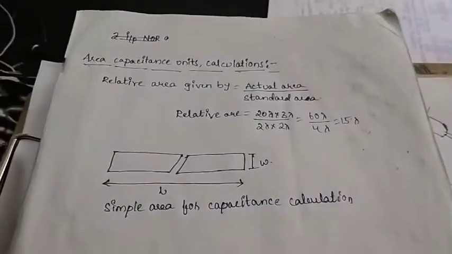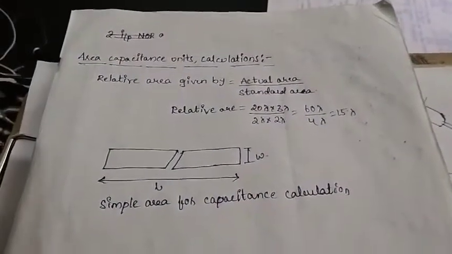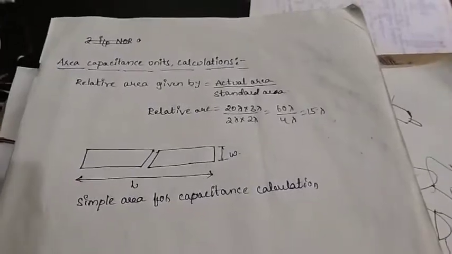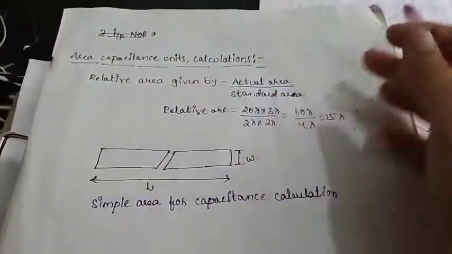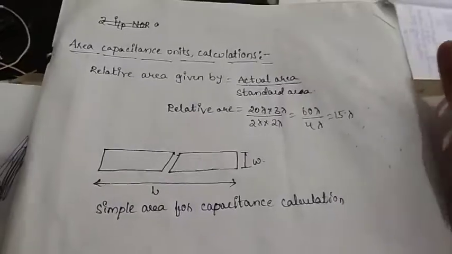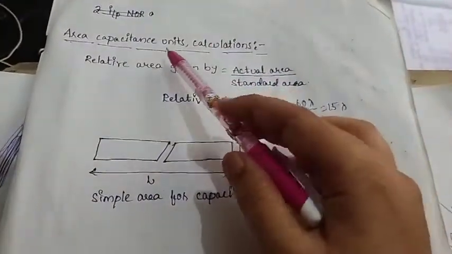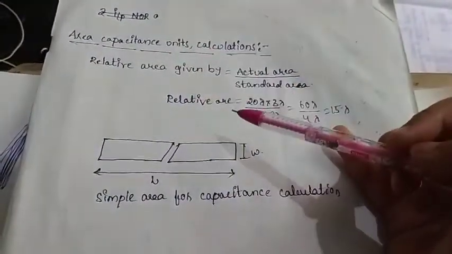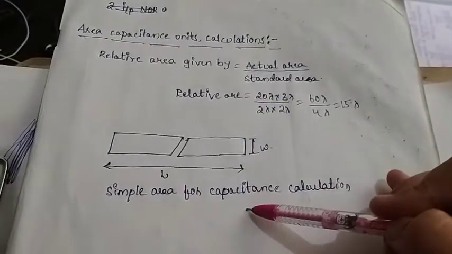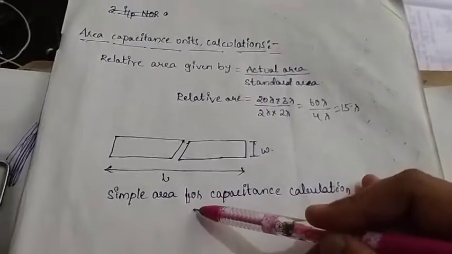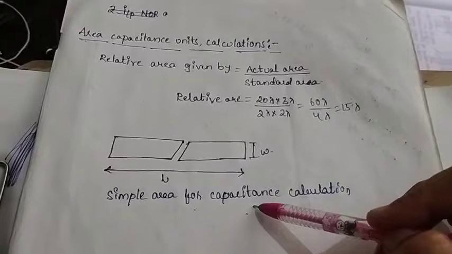Next topic is area capacitance, units and calculations. Area capacitance means finding the capacitance of a particular area. You can see here a simple area to calculate the capacitance.